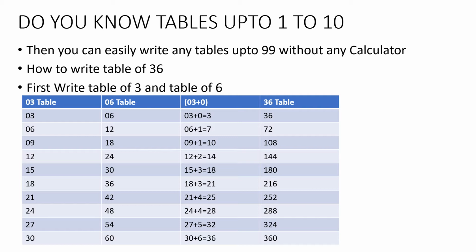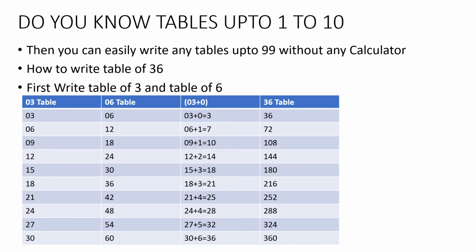Similarly, when we go for the third row, that is 09 plus 1 is 10. So 10 as it is we write, and 8 as it is after 10. So it becomes 108. So 3 into 36 becomes 108.